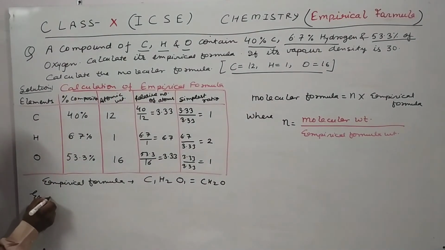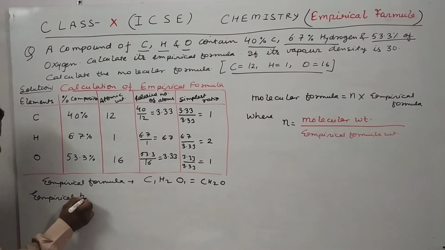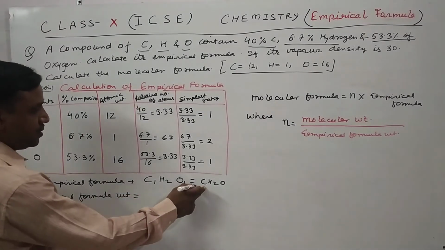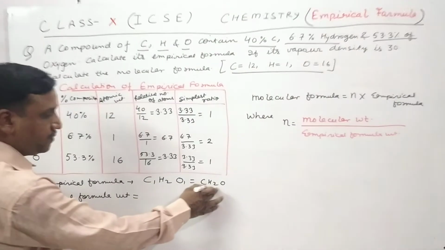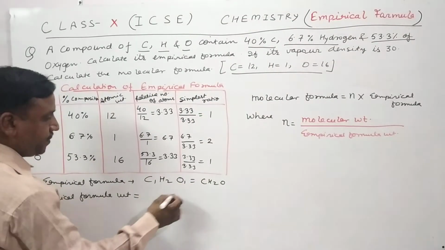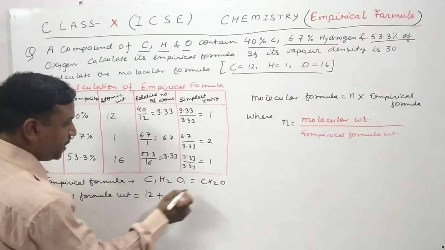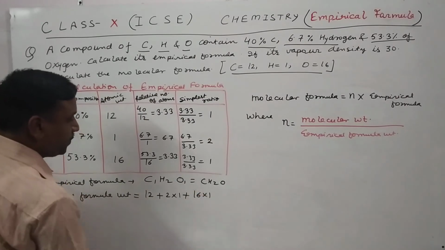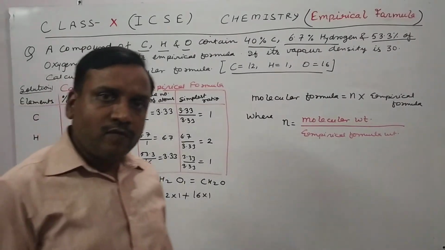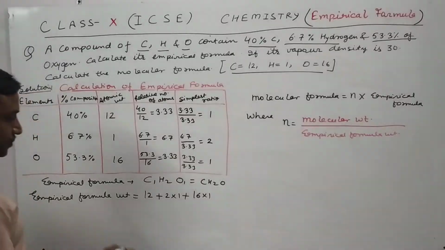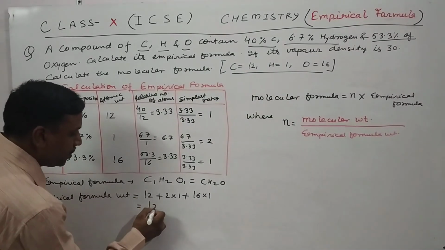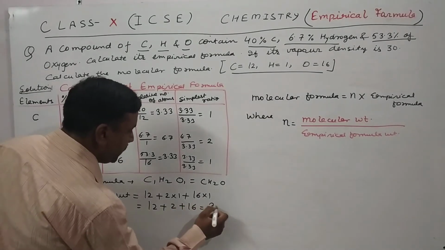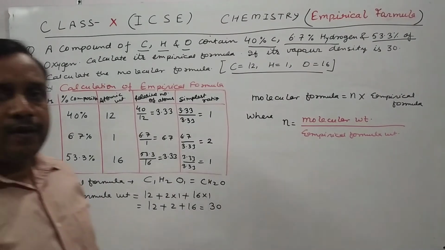Then calculate its empirical formula weight, which is the sum of these. The atomic weight of carbon is 12 plus H2 means 2 into 1, O 16 into 1. You will multiply the atomic weight of each element by their number of atoms. What is the total? 12 plus 2 plus 16. Overall this is 30. The empirical formula weight is known.